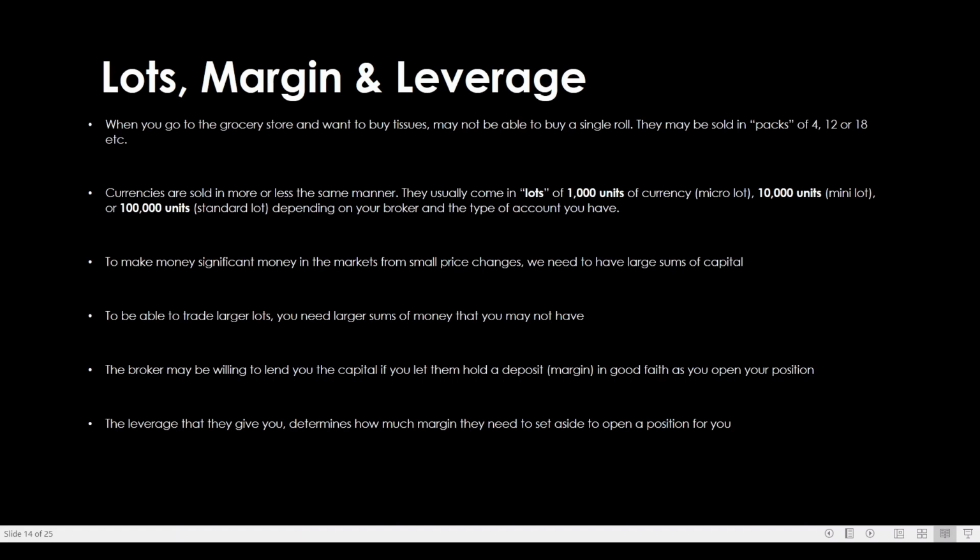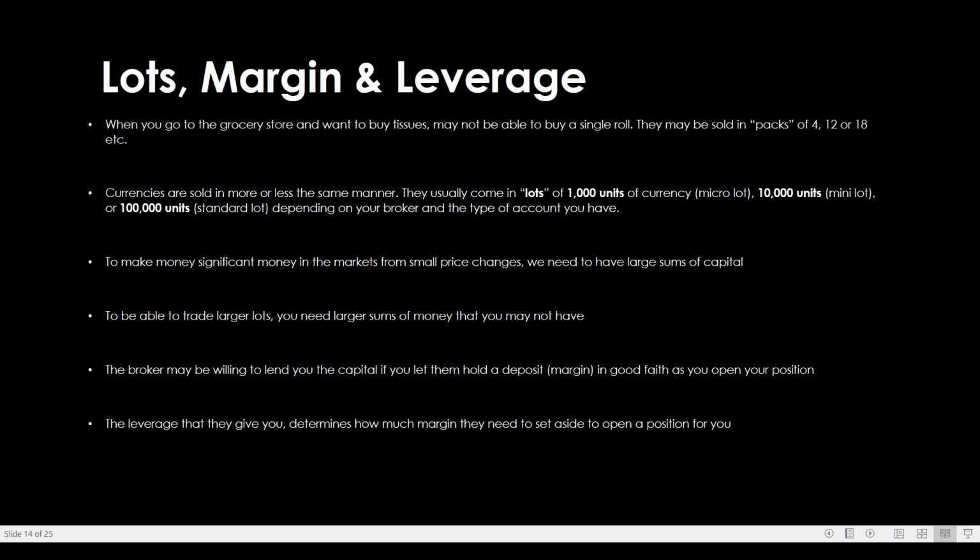Now, I want you to understand something. Let's say you want to buy a standard lot, which is 100,000 units of a pair, Euro USD, meaning you want to be in control of $100,000, but you do not have it.